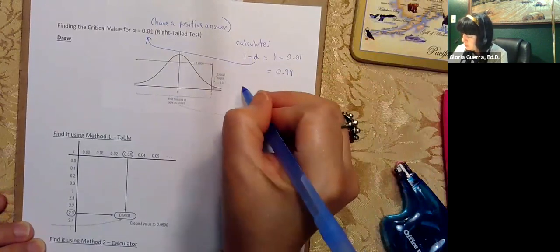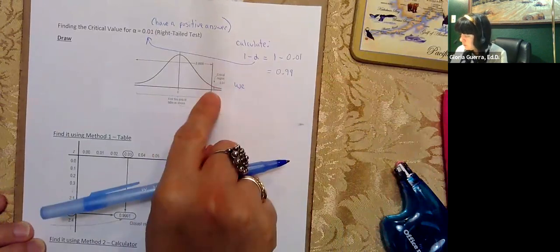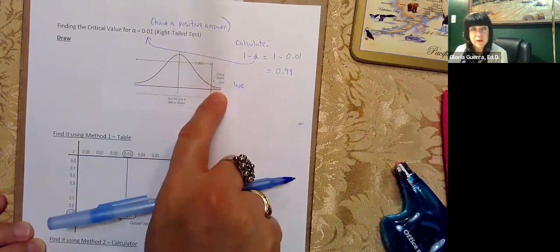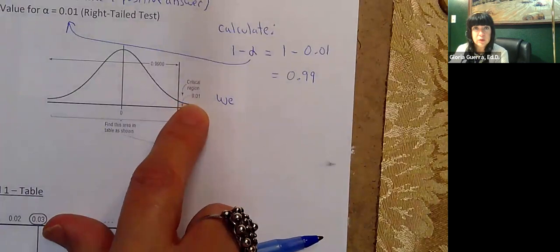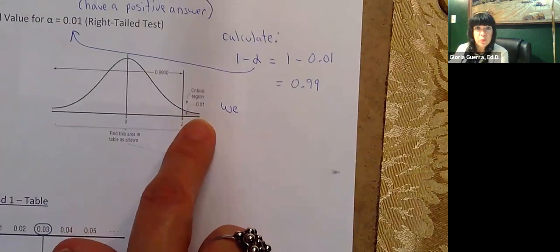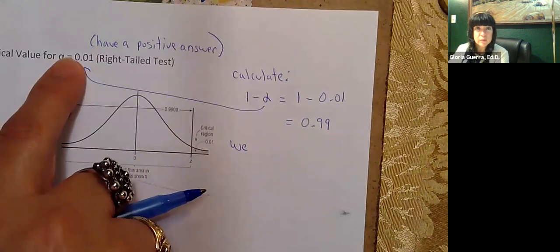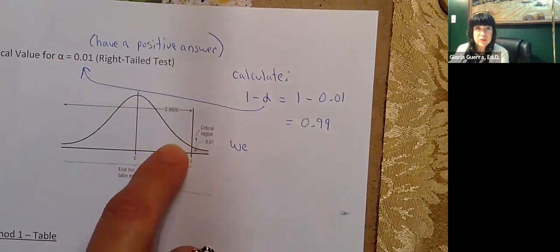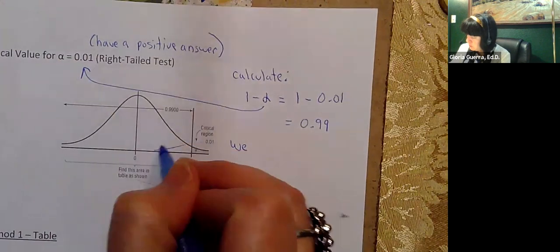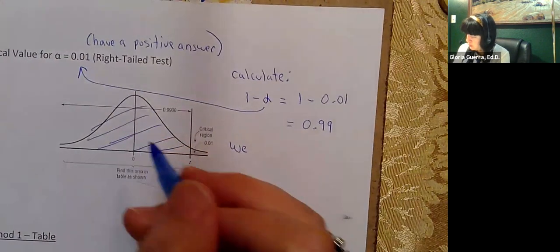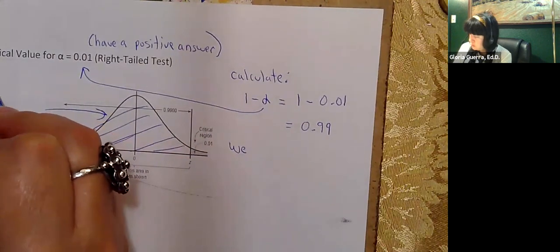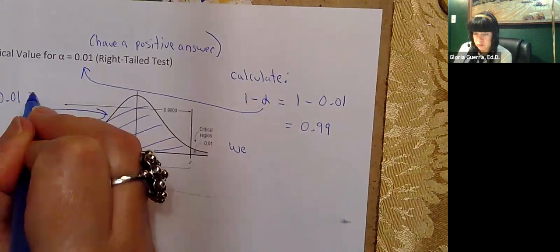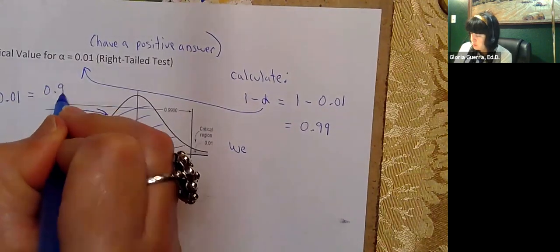Okay, so it's a right tail, so that's this value right here. So that's this critical region. Actually 0.01 is this right here, and actually this value here is 1 minus 0.01, which is 0.9900.